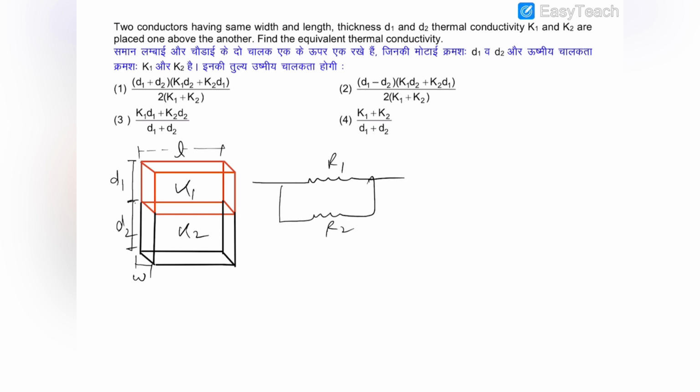So in parallel combination, 1 upon R equivalent will be equal to 1 upon R1 plus 1 upon R2.